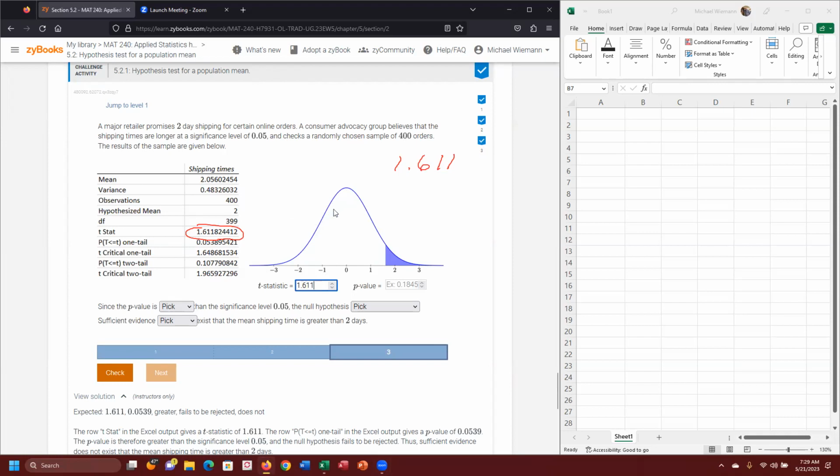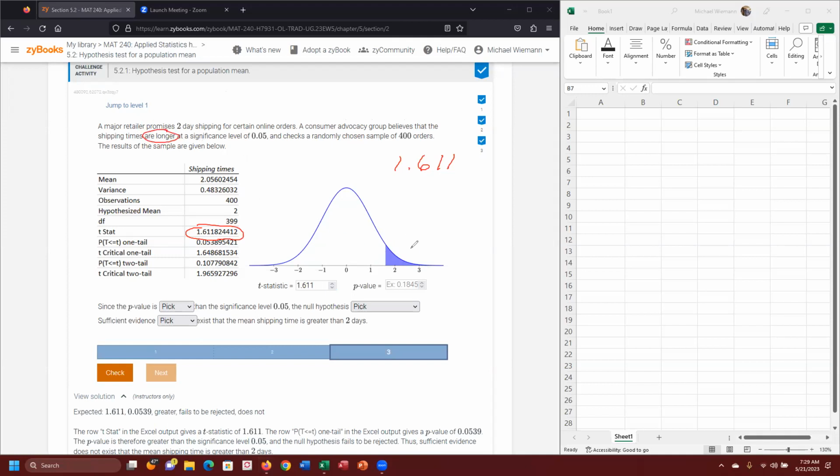Now the p-value. In this instance, we have to determine whether we're going to use the 1-tail or the 2-tail. Again, that's told by the reading of the original statement. It says a major retailer promised 2-day shipping on certain online orders. The consumer advocacy believes that the shipping times are longer.